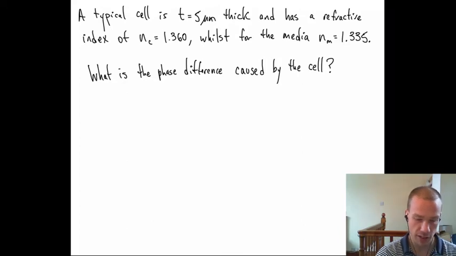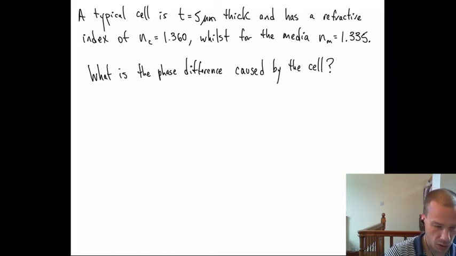And we're going to calculate the phase difference caused by this cell. The size, if you note, is somewhere in between that of a typical bacterial cell and a eukaryotic cell. And this is a typical index of refraction you might find for both the cell and the media. This gives us an idea about the kind of phase differences we'll be dealing with in imaging cells.